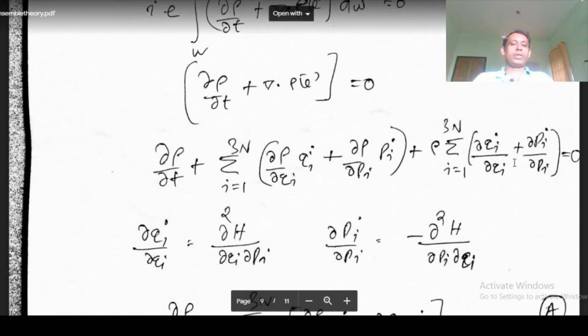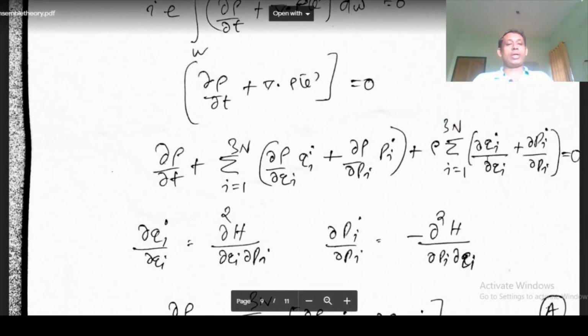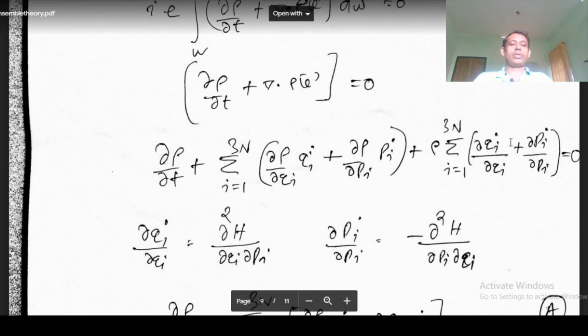Now this one, qi dot, we know is ∂H/∂pi. These are the first 2 equations with which the phase point is traveling through the phase space, the equations of motion: qi dot is ∂H/∂pi.